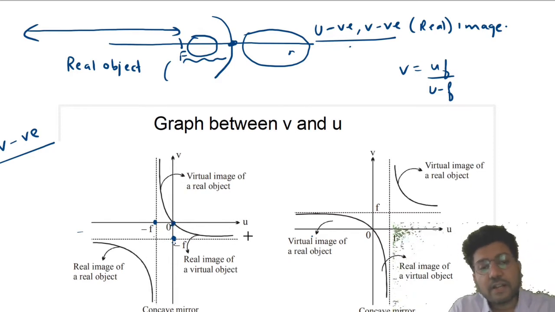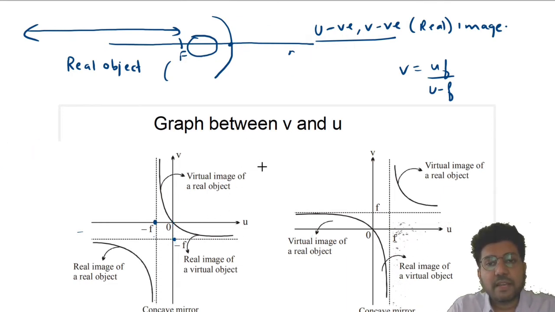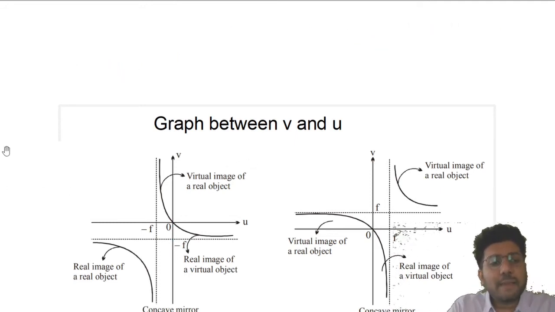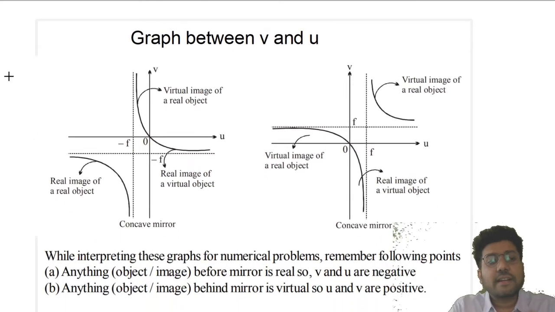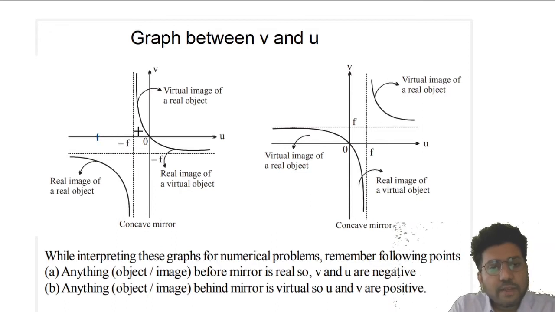So this will be the graph. This is the graph of V versus U for a concave mirror. I will ask all of you to revise first the image positions and then try to draw the graph yourself. If you plot each and every position here, you will be able to draw the graph.